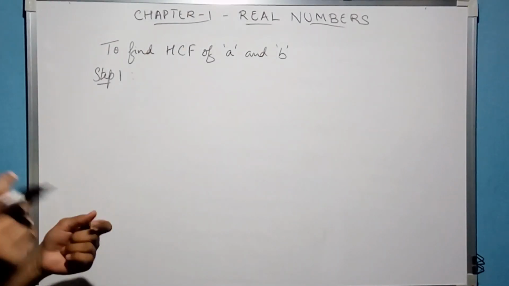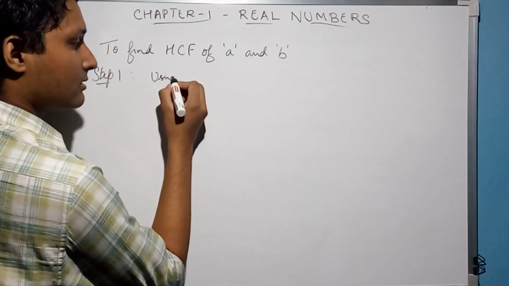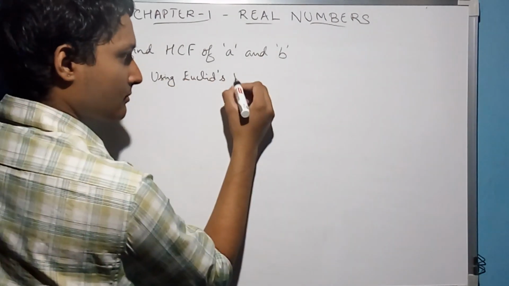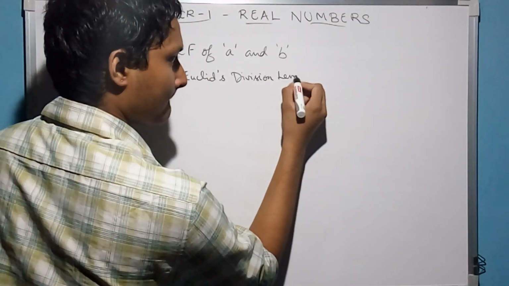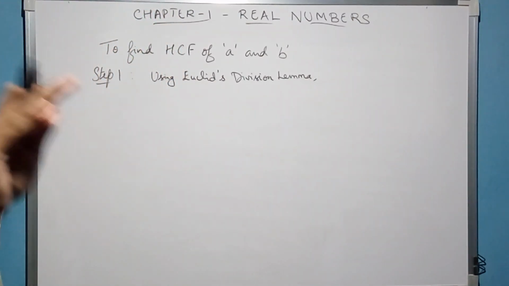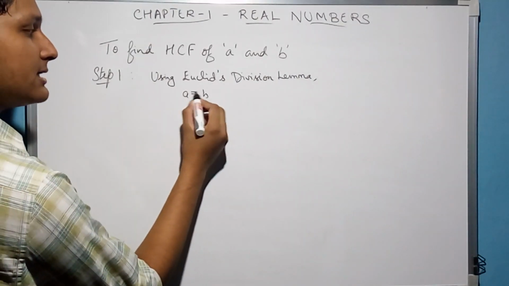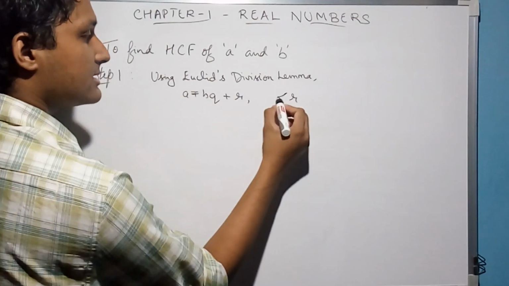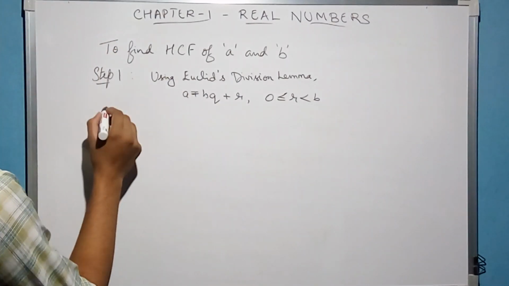So first, using Euclid's division lemma, you need to find q and r such that a is equal to bq plus r, where r is in between 0 and b.